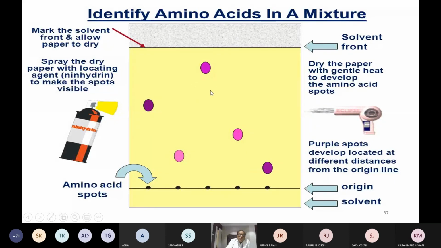Once you run this for about 45 minutes to 1 hour, you have to dry it in a hot air oven, and then spray it with ninhydrin solution, so that the amino acids react with the ninhydrin and change to a violet color, which will be visible. And applying the RF factor, you can make out which type of amino acid is separated.